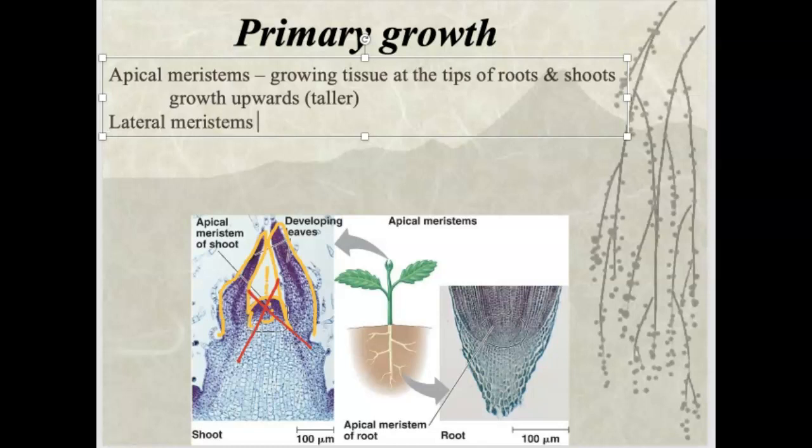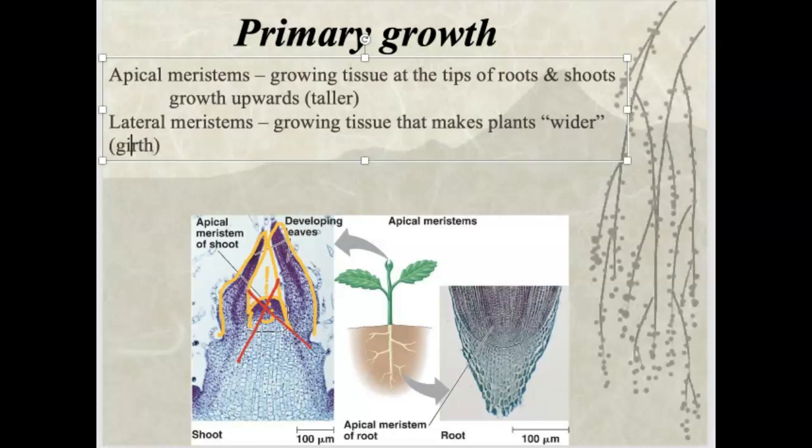The lateral meristems are going to be growing tissue that makes plants wider. It makes them thicker, grows outward to create girth of the plant.